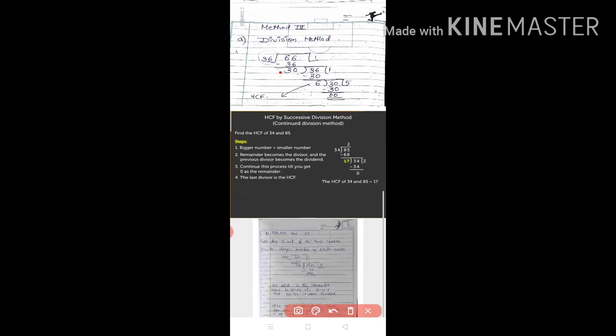If you do not get 0 as the remainder, this remainder will become the divisor. So when 30 becomes the divisor, 36, which is the previous divisor, becomes angry and says, how can you, the remainder, become the divisor? I was the divisor.